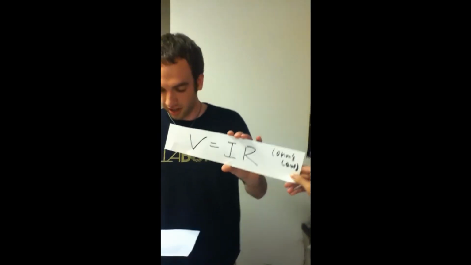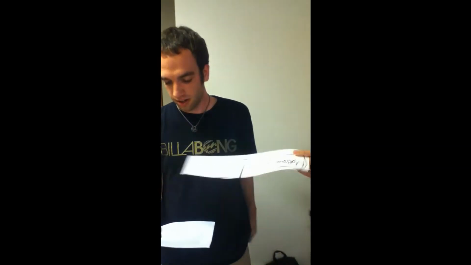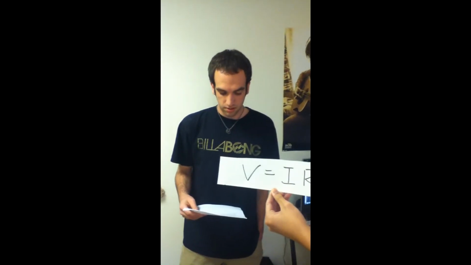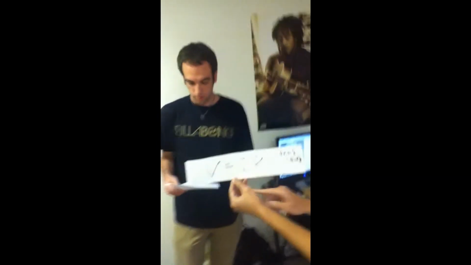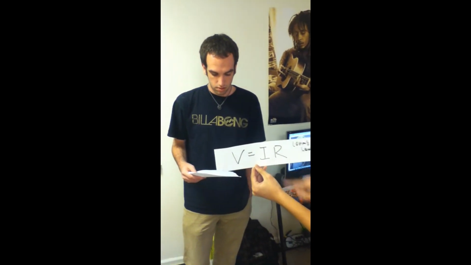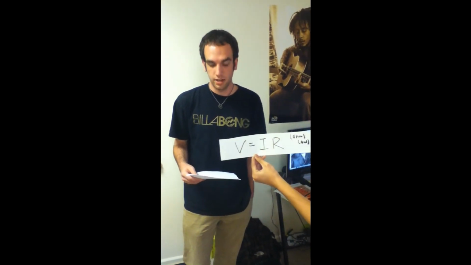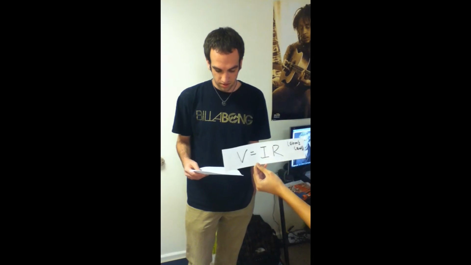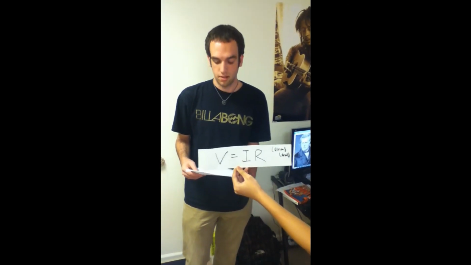The equation of that law is V equals IR, or I equals V over R. From that equation we can know that current, which means how fast the electrons are moving, is directly proportional to voltage and inversely proportional to resistance. So when V increases, I increases. When R increases, I decreases, which means the electrons are moving slower. This is consistent with what we talked about before.